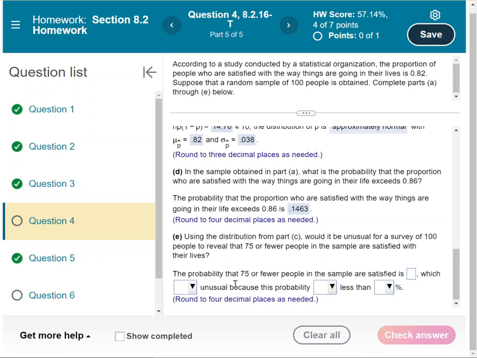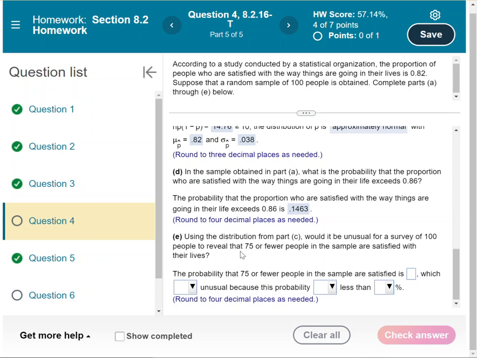Using the distribution from part C, would it be unusual for a survey of 100 people, so n is still 100, to reveal that 75 or fewer people in the sample are satisfied with their lives?